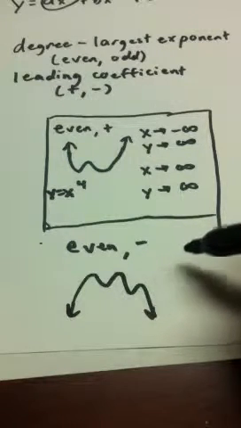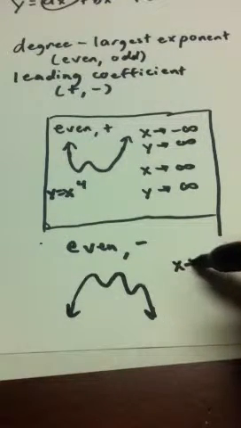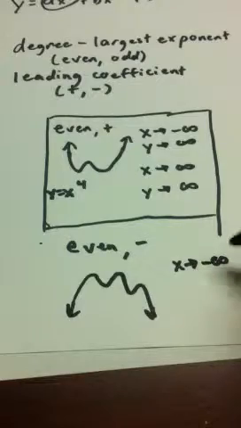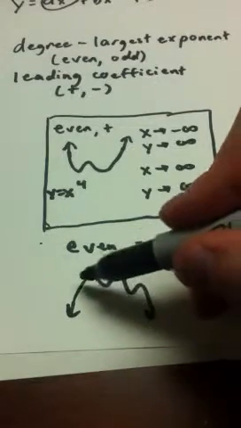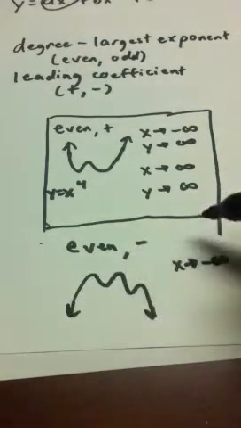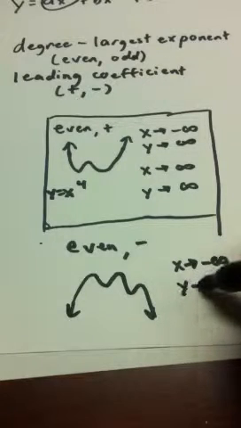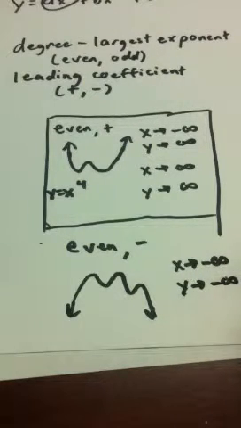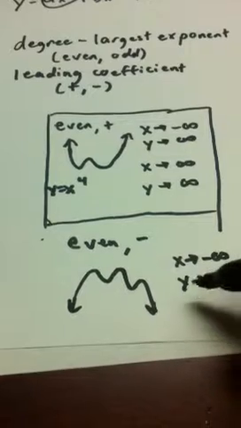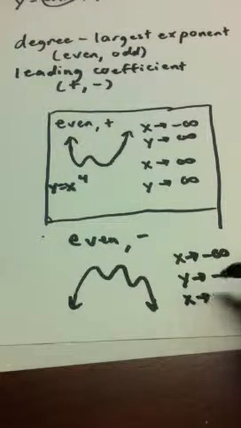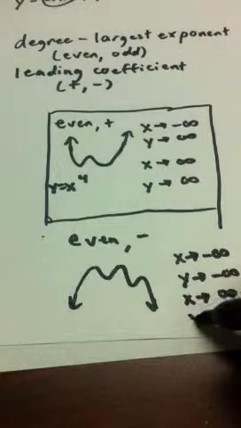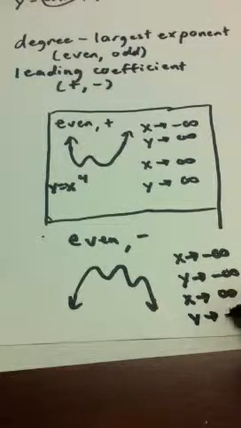But the end behavior is going to be as x approaches negative infinity. So again, as I go to the left, I'm going down. So y approaches negative infinity. And as I go to the right, as x approaches infinity, y approaches negative infinity as well.